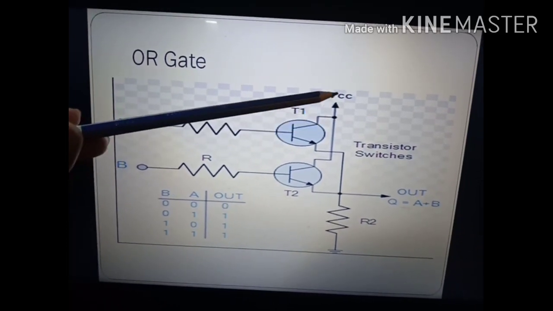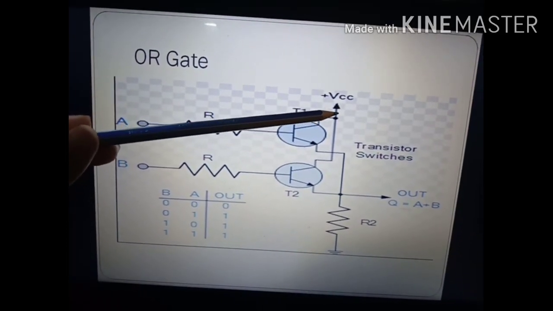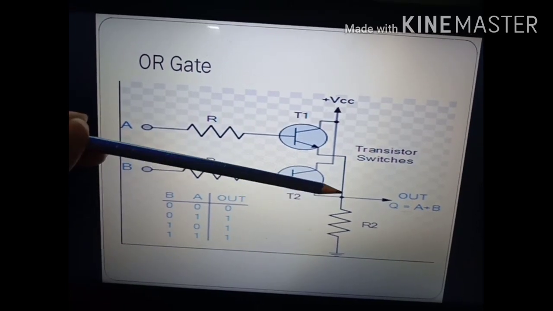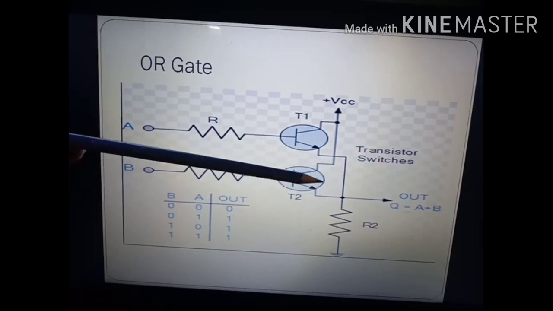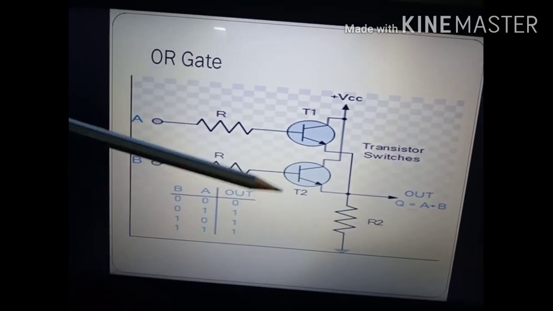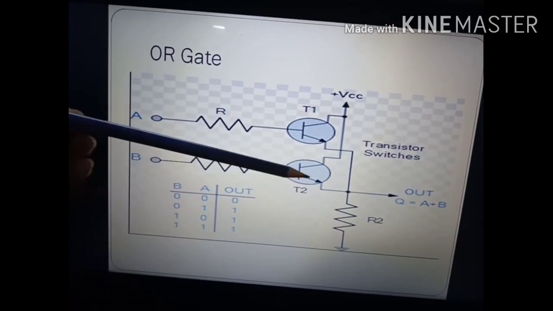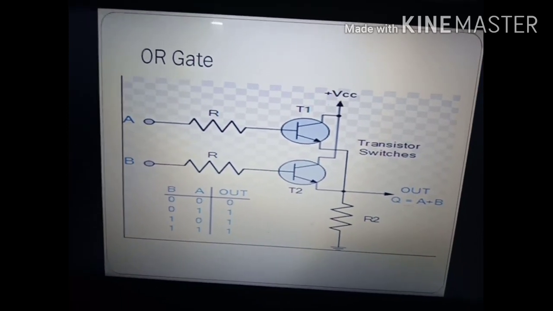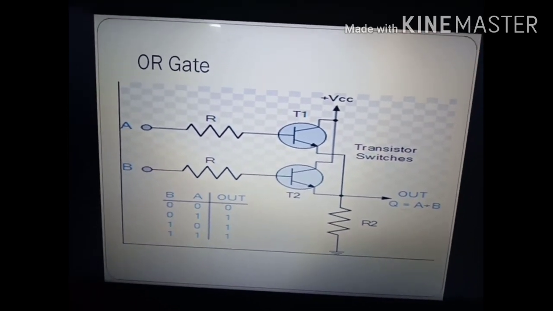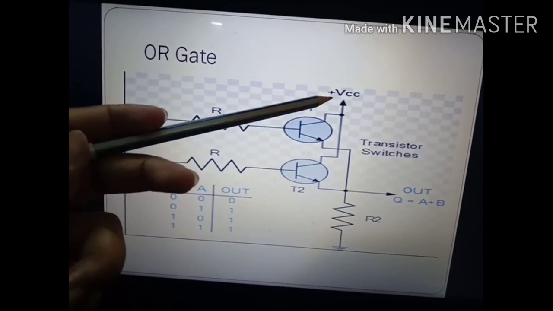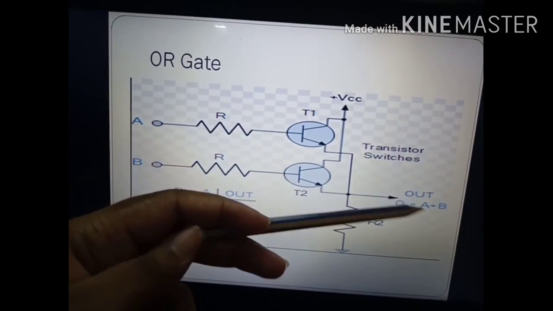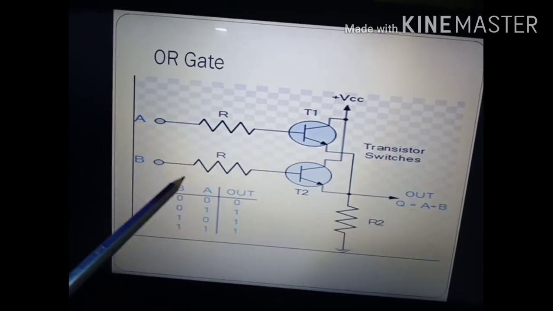The potential difference between this point and this point remains the same, as the equivalent resistance of the transistor is very low, negligible. So the VCC voltage will reflect here. The output will be 1, high state.